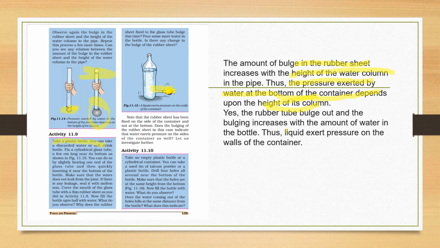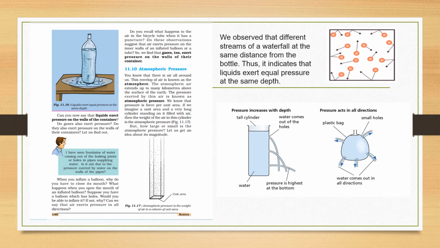There are a lot of activities in this chapter. Just see, one more activity is related to it. We have to take the same plastic bottle, and at the bottom we have to make holes. Then we have to fill it with water.